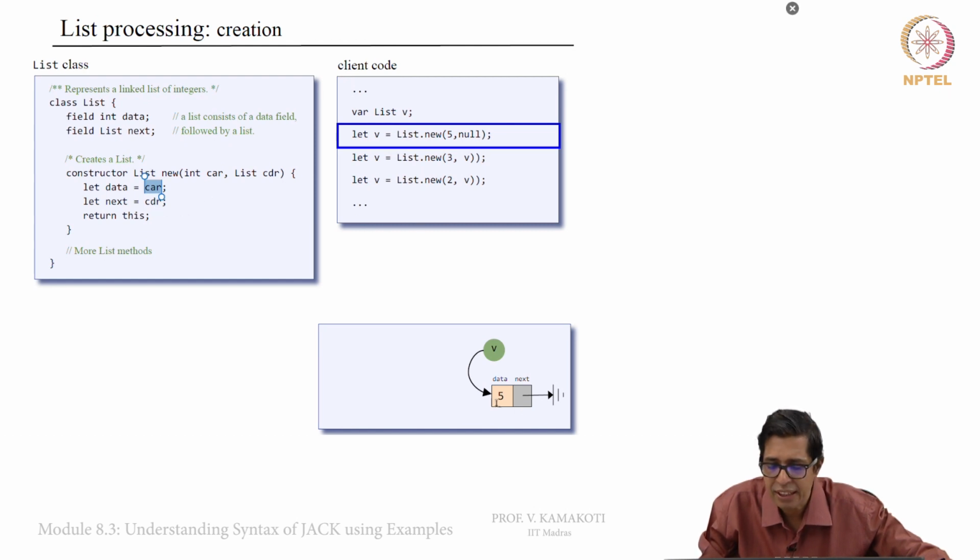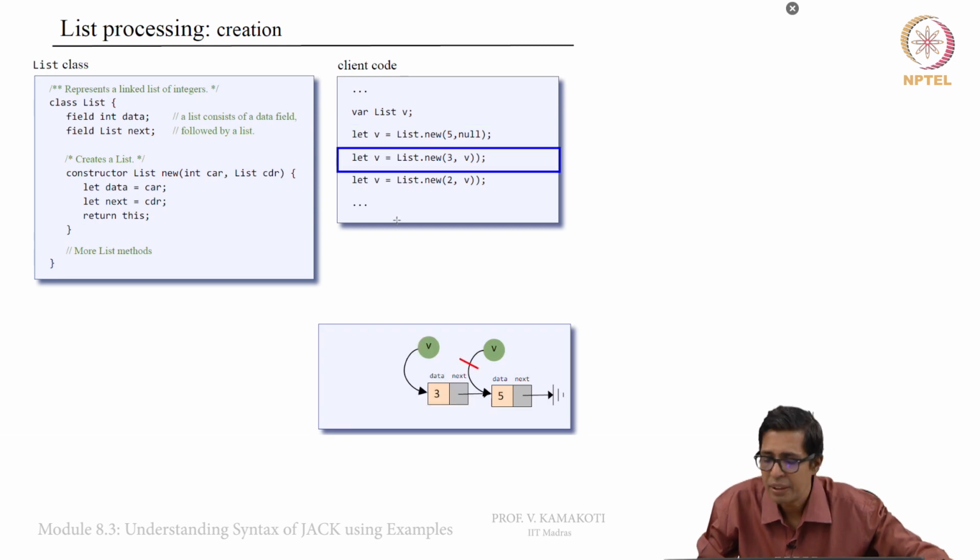So the next is null and it will return this object. Your V gets assigned to this particular object. What do you mean by return this particular object? It will return the address of this object. So V now points to 5 comma null.